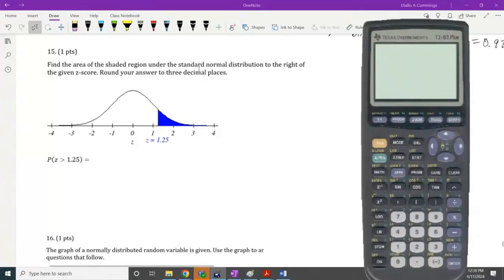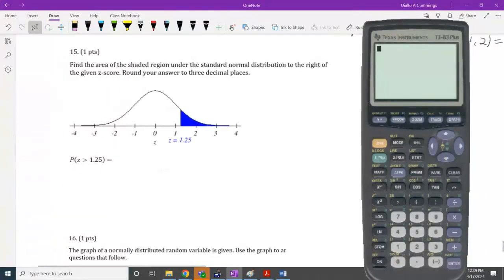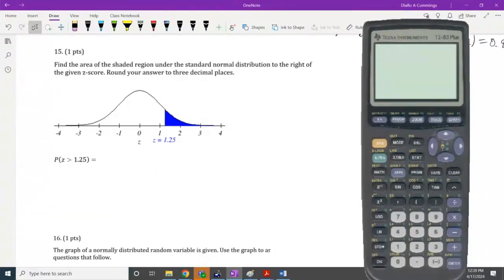Since this is a normal distribution, the normal CDF function operates totally differently than the binomial CDF. The binomial CDF only gives you the probabilities for the number and below, whereas the normal CDF gives us exactly what we want. Just remember in this bell-shaped curve, to the extreme left you have negative infinity, and to the extreme right you have positive infinity.